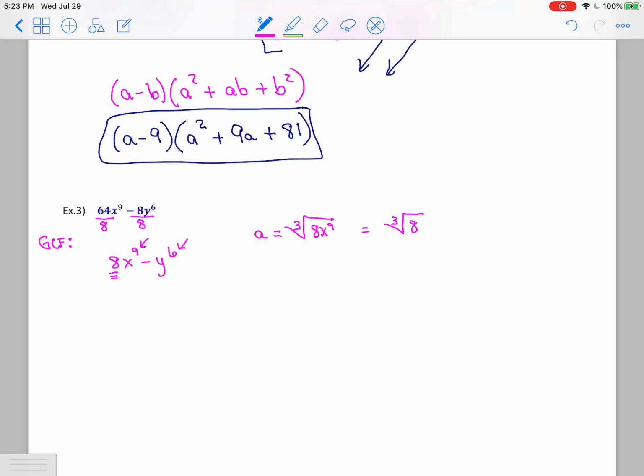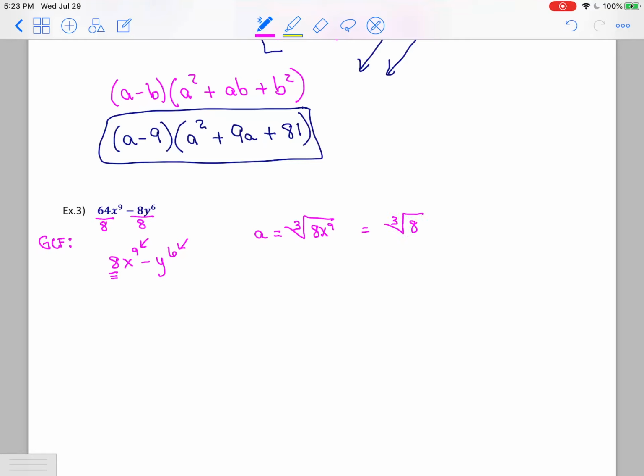All right, so we can plug this now into our formula. Now this is once again a difference of cubes, so let's write out that formula. We've got quantity a minus b times a squared plus ab plus b squared.